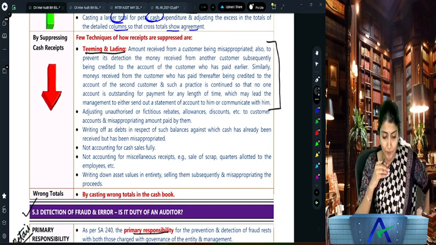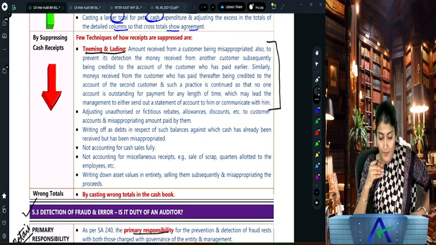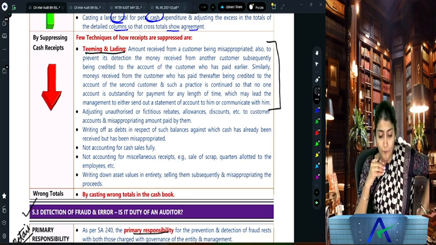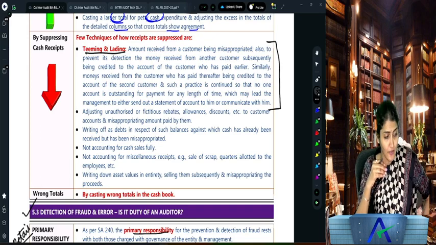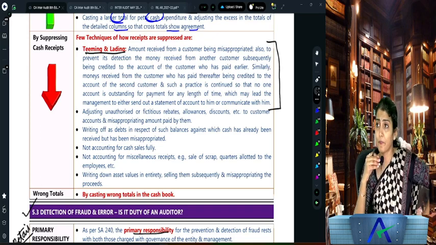Just read it. Everyone, please read the teaming and lading. Yes, all of you read the paragraph. Did we discuss it today only?